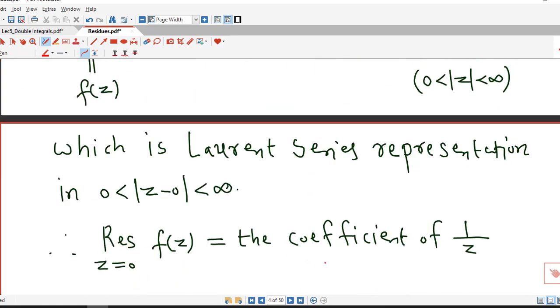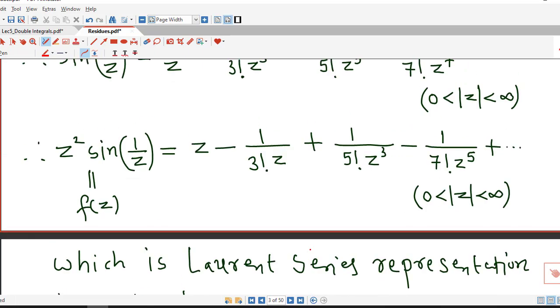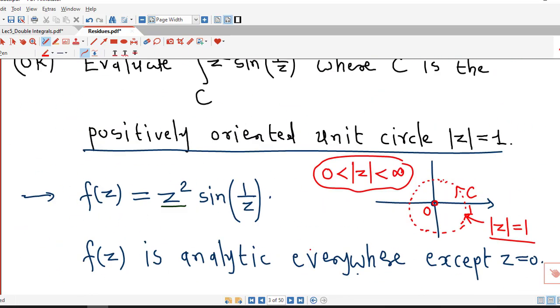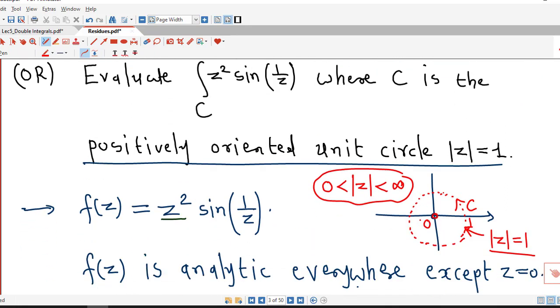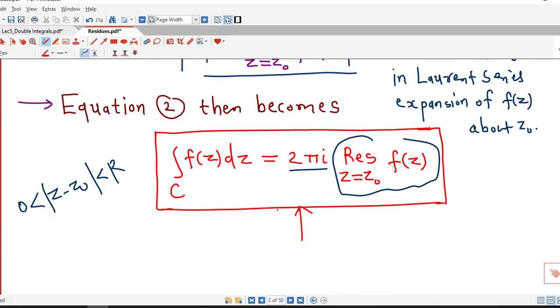So in this way we are able to evaluate this integral of z square sine 1 by z over C, where C is the positively oriented unit circle mod z equal to 1, and it lies in this domain, so that we can apply this formula. We are using this formula.